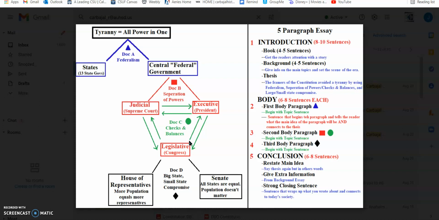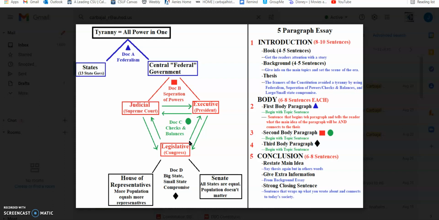After that, you would go into detail about the framers of the Constitution and how they came together to fight against this tyranny, to create a constitution that says we're going to form a government that will have no tyranny, and that way no one will abuse power. Once you have that, then it would go into the thesis.